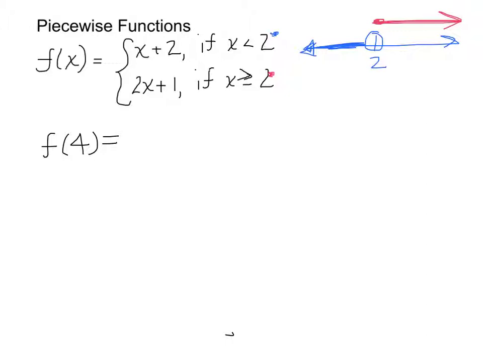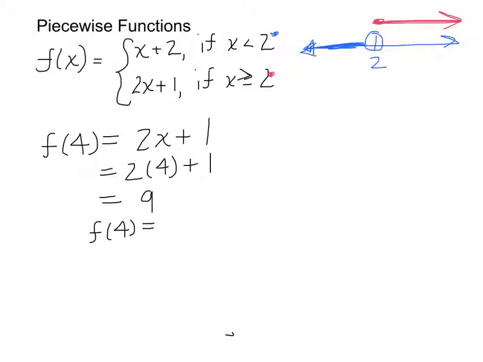So that means that I would use this equation. And then you'll just actually plug in 4 for x. And you would get 8 plus 1, which is 9. So f of 4 would equal 9.